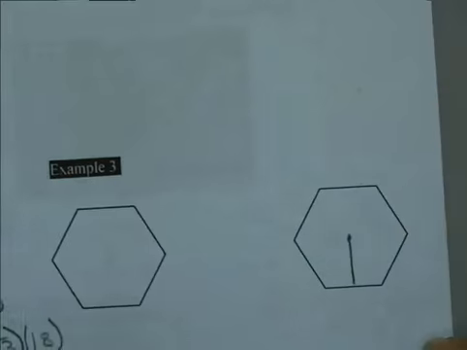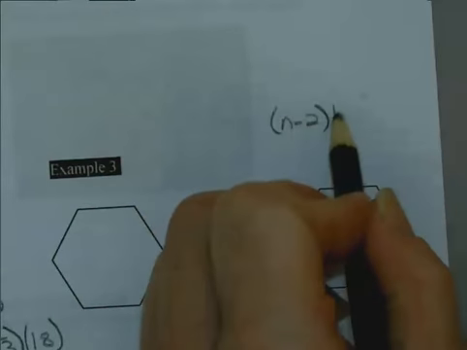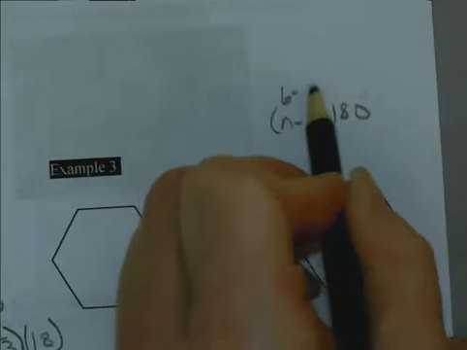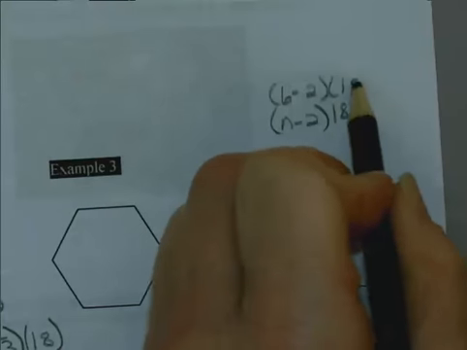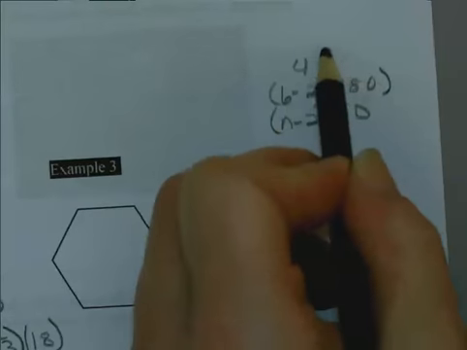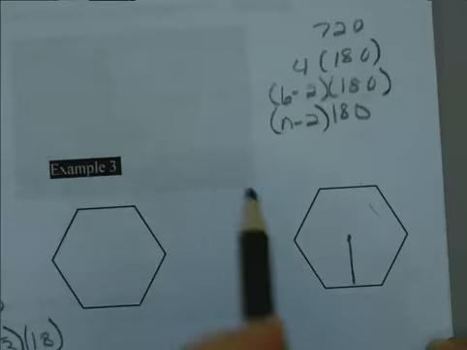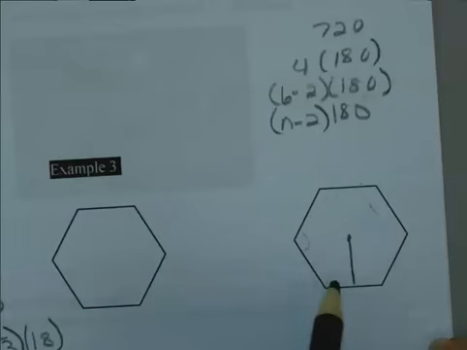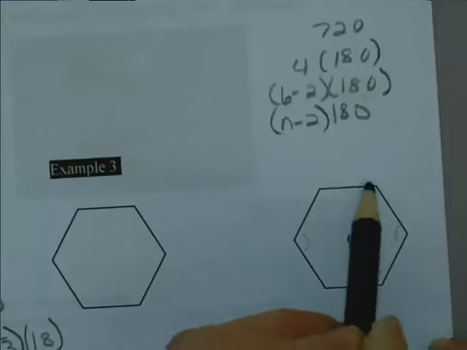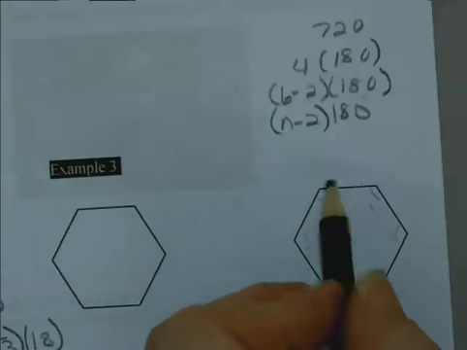So if you forget, remember the formula is n minus 2 times 180. So 6 minus 2 times 180. 6 minus 2 is 4. 4 times 180 is 720. So your total for all of your angles inside of this hexagon is 720. 720 divided by 6 gives you 120.